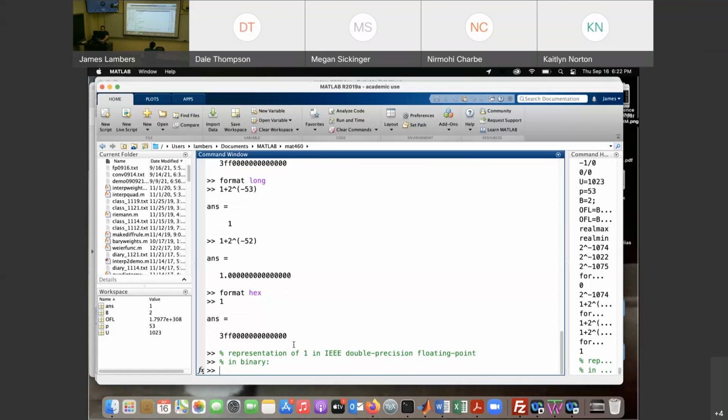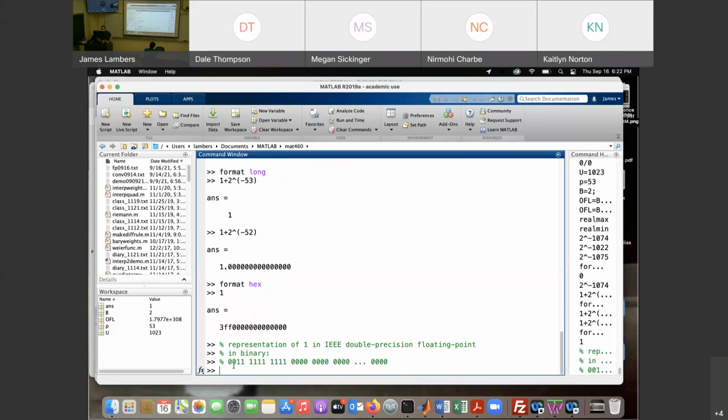And fortunately, hex is relatively easy to map to binary because each one of these hexadecimal digits is equivalent to 4 binary digits. So I would do 0, 0, 1, 1, and then 1, 1, 1, 1, and then 1, 1, 1, 1. And then everything else is 0 from that point on.